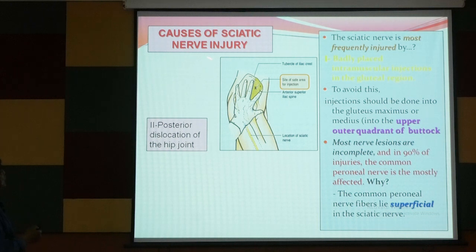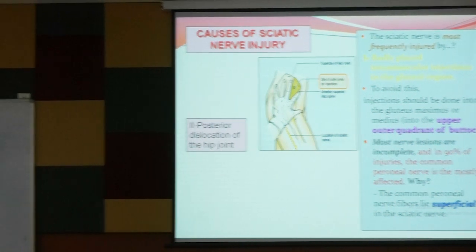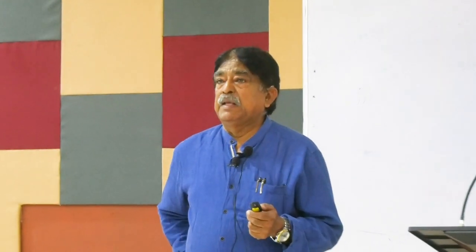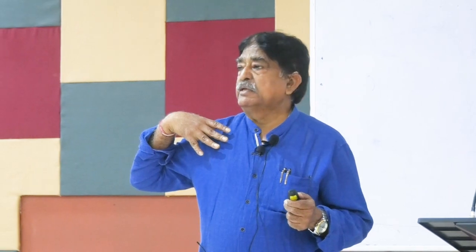Causes of sciatic nerve injury: posterior dislocation of the hip joint. Though the hip joint is very stable, one of the most stable joints of our body, and the shoulder is not so stable, so dislocation of the shoulder joint is more common.